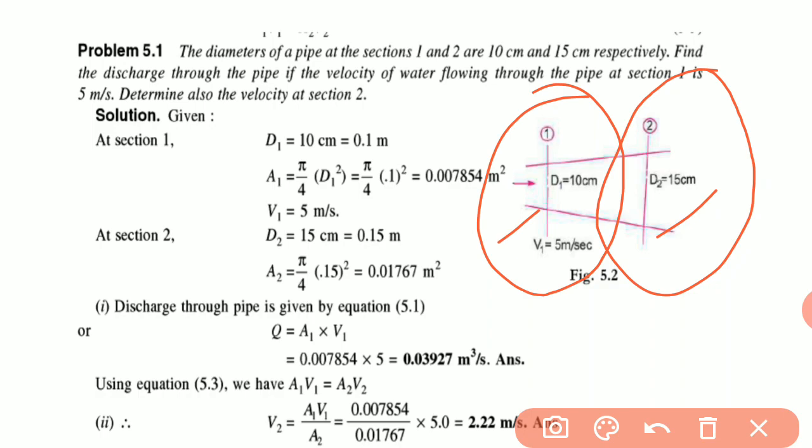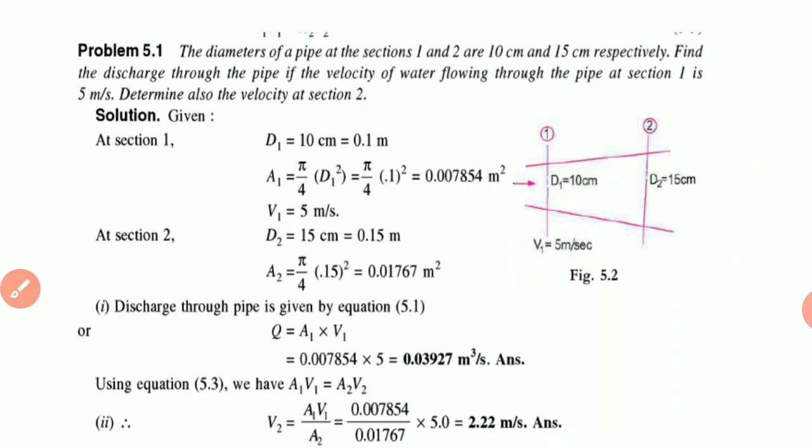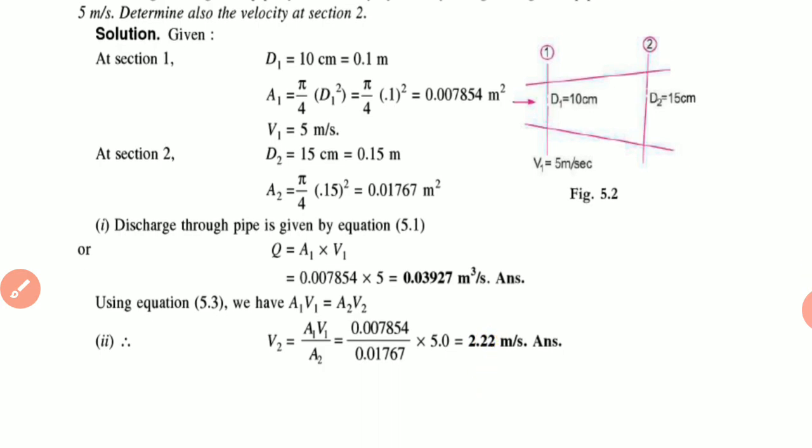It is also used for calculating velocities. By using the velocity at the first point, we'll calculate the velocity at the second point, or we'll calculate the area at the second point by knowing the area at the first point. There is a direct relation between the first point's velocity, area and diameter, and the second point's. So we have calculated the area at the first point and the area at the second point.